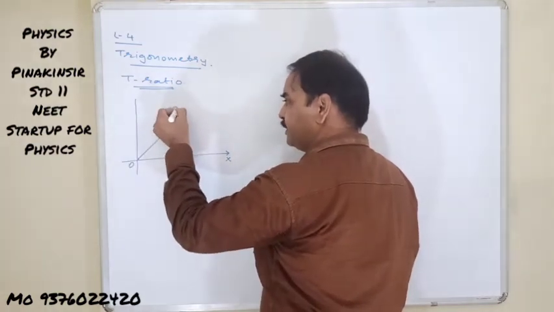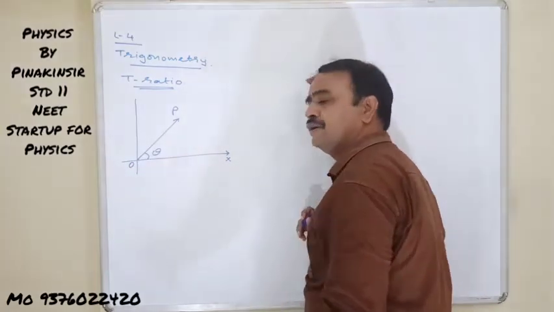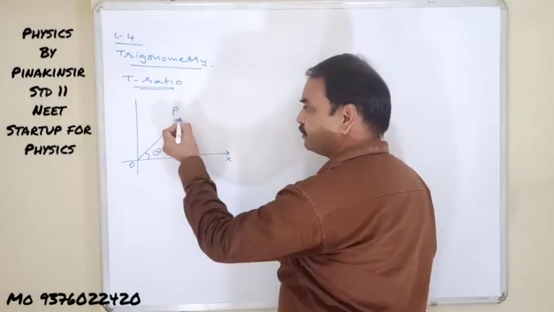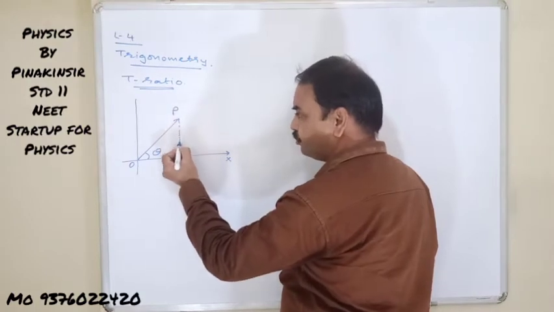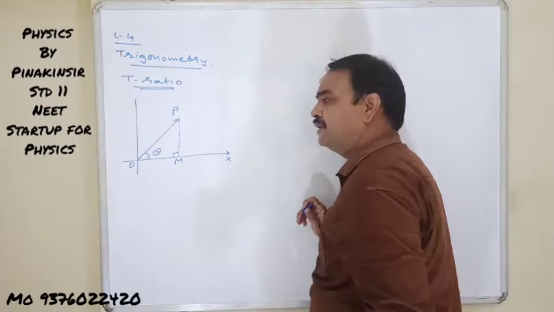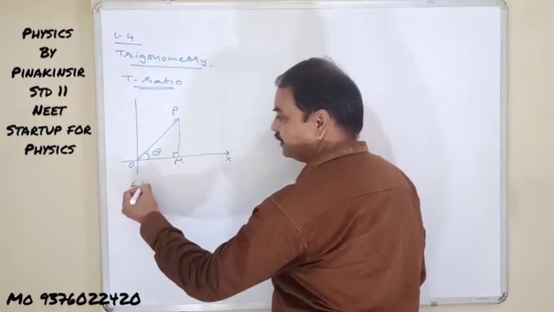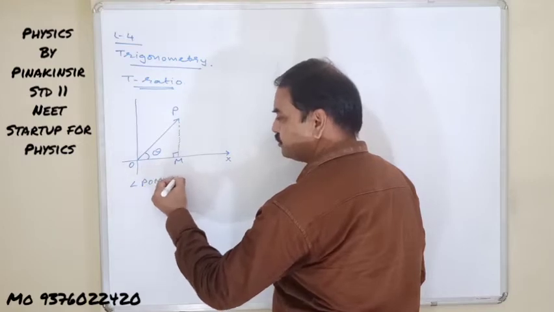Suppose OP ray is making angle theta with the reference line. If we drop a perpendicular from P on OX, say it is M, then in triangle POM, angle POM is equal to theta.